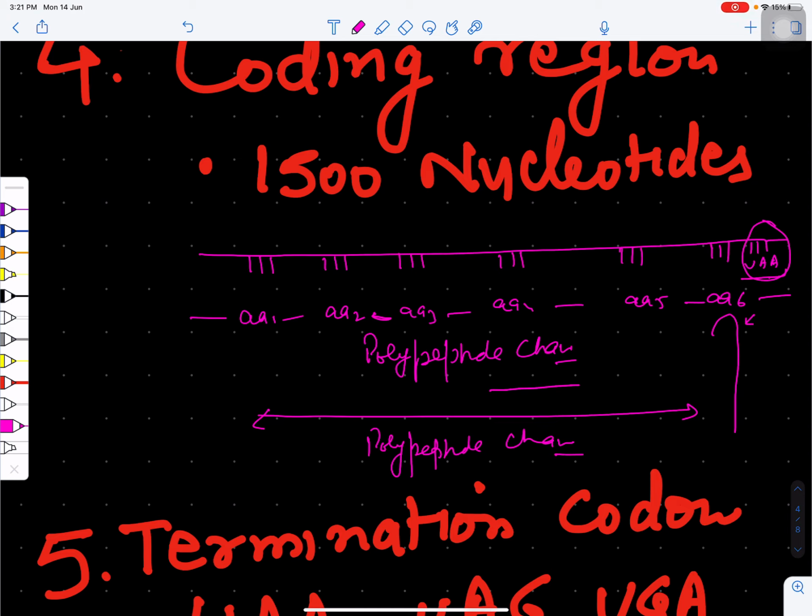And when this reaches the termination part, here it can be UAA, UAG or UGA, any of these triplet codons will be present at this end. All the other codons are recognized by the transfer RNA, which carries the amino acid, but here none of the transfer RNAs will recognize it. So when it is not recognized, these are called stop signals or nonsense codons.